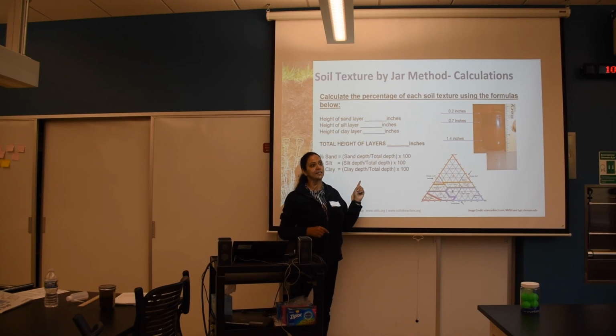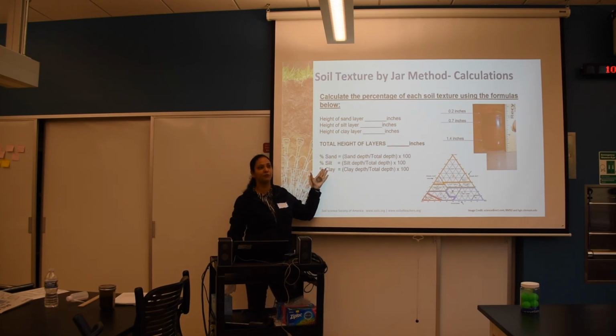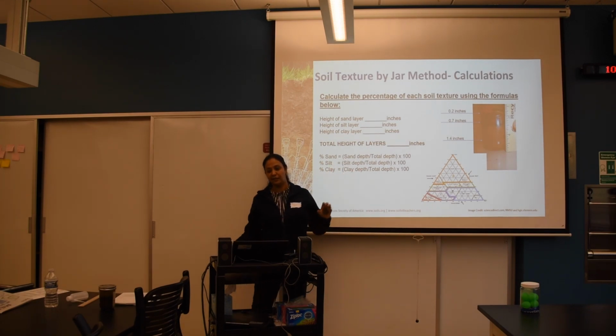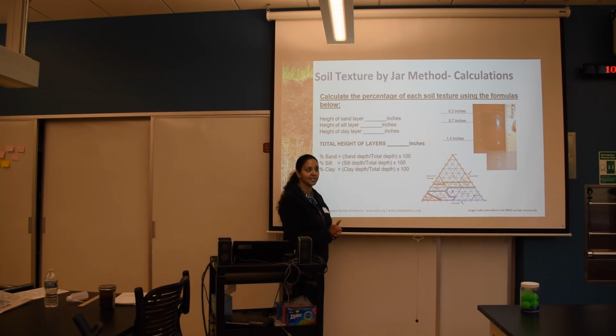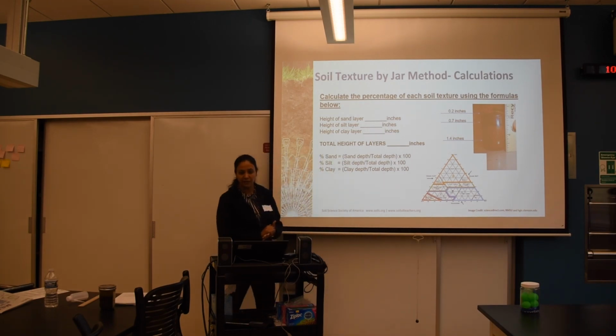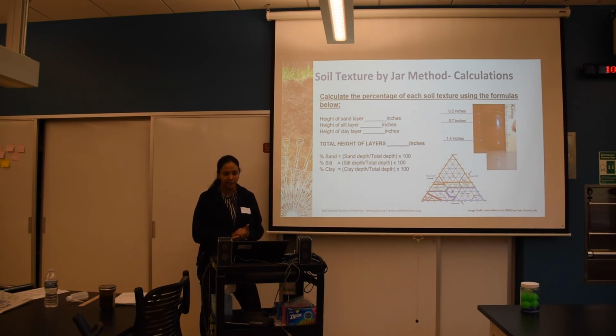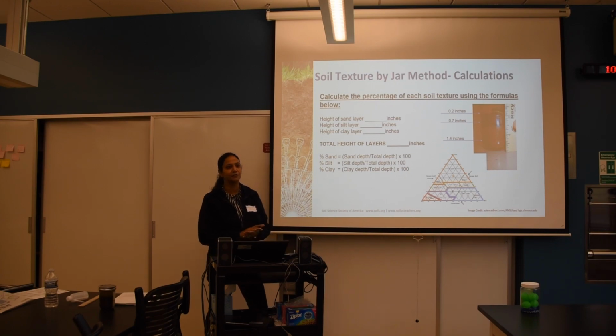That will give us the sand percent, and similarly for the silt and for the clay. I did the calculations earlier. It comes to about 71% of sand, then about 30% of silt and about 8.7% of clay.